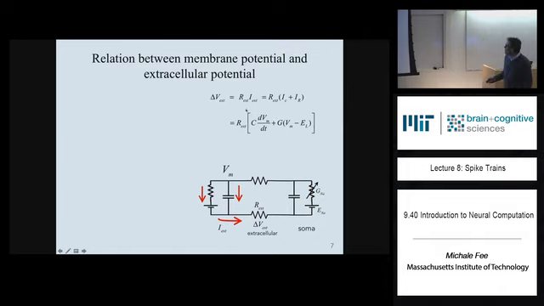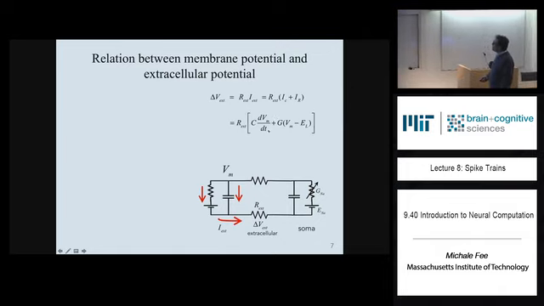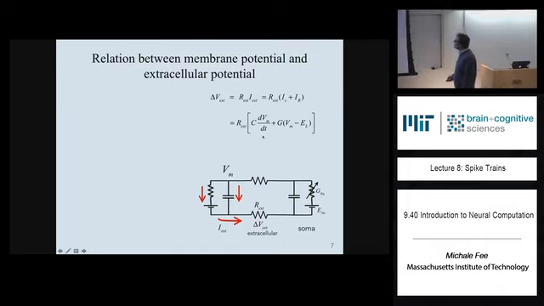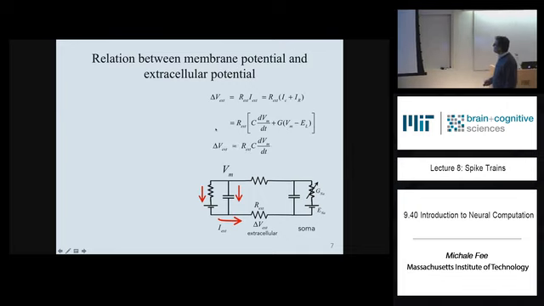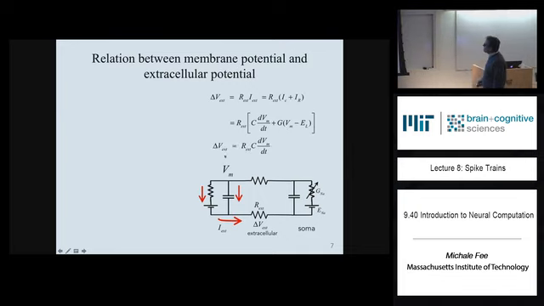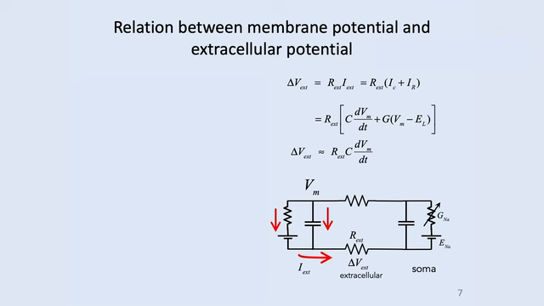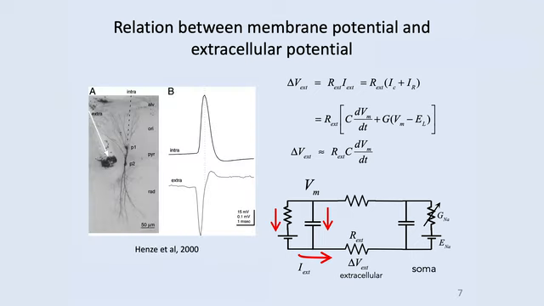Now, in an action potential, the voltage change is very rapid, so dV/dt is large. In fact, this term generally dominates over this term in an action potential. And so what we find is that the voltage change in extracellular space is proportional to the derivative of the membrane potential. We can see that this is the case in earlier experiments from Yuri Buzsaki's lab.